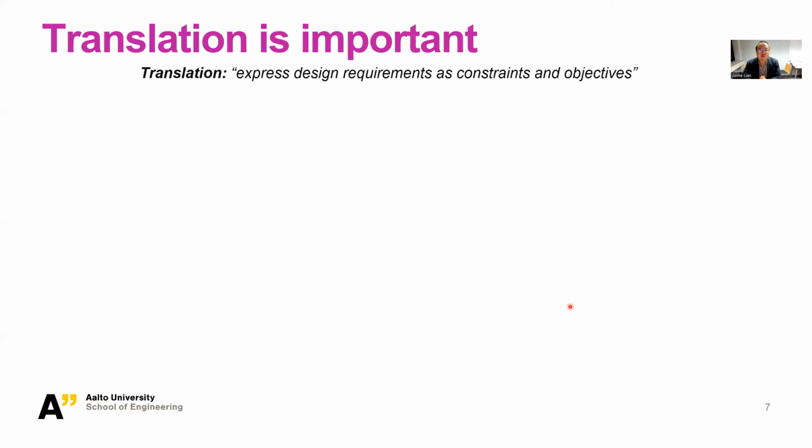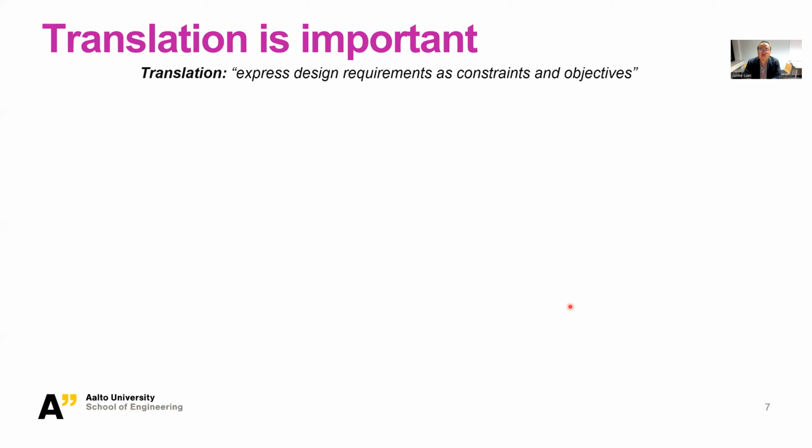So first, let's start with translation. Translation is actually important, because this is the predictor of everything. If you did a wrong translation, your material selection will most likely not be correct. So what is translation?